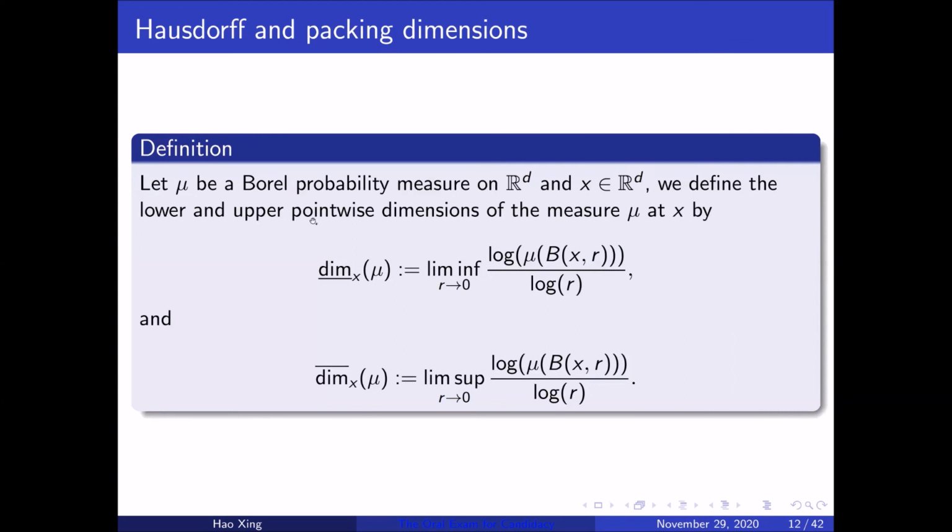There is a notion called the lower and upper pointwise dimension of the measure at x, defined by taking the liminf and limsup, respectively, of the fraction, the logarithm of the measure of the ball centered at x with radius r, divided by log of r.